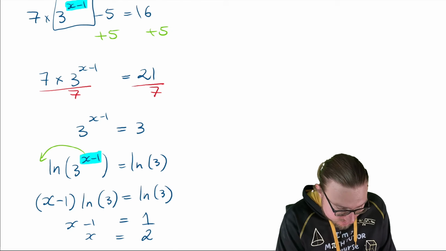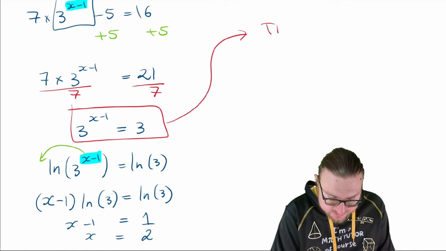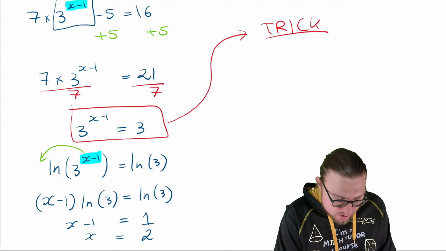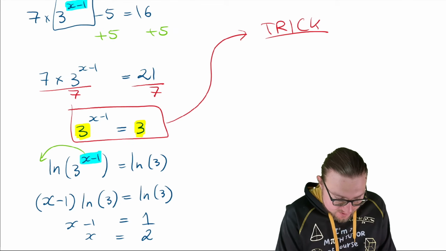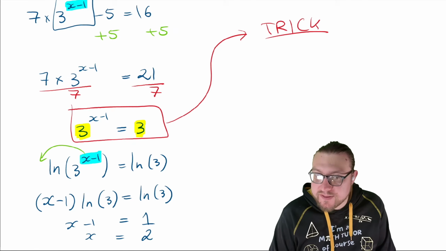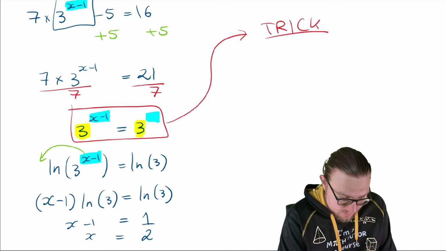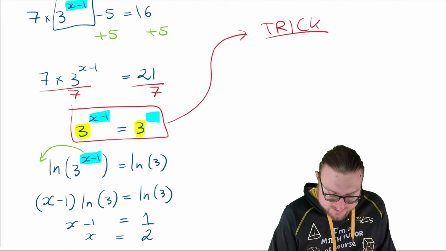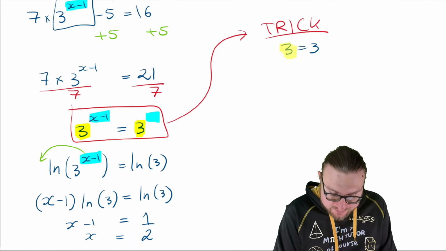Now the little trick that I wanted to talk about here is a way to make it a little bit faster. As soon as we have a question that has the same base on both sides, the only way that they're going to be equal is if their powers are also the same. So 3 is 3, that's the base, that's definitely true.